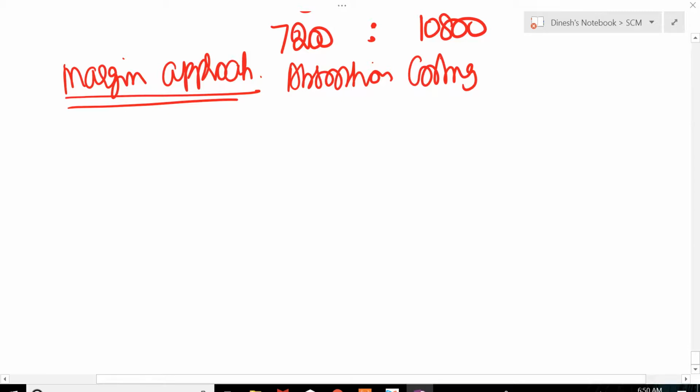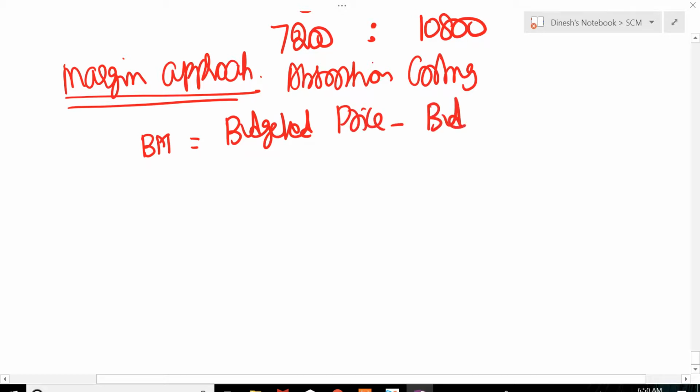Now in this, BM is equal to budgeted margin. Margin is basically profit. BM is equal to budgeted price minus budgeted cost.